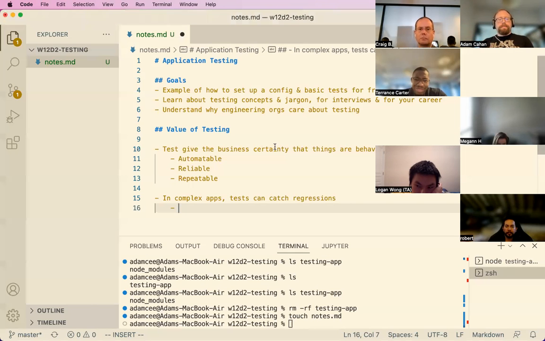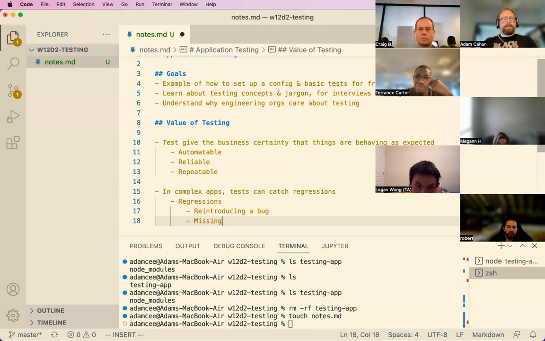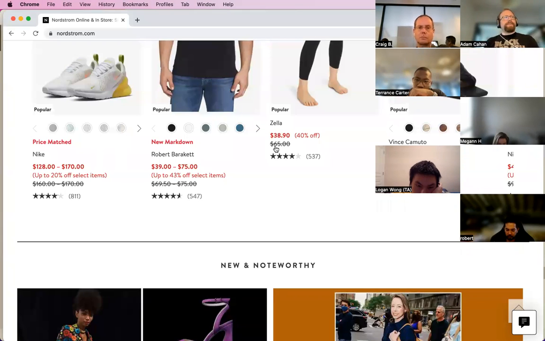It would go backwards, right? That feature would be gone. Tests are great at catching regressions.